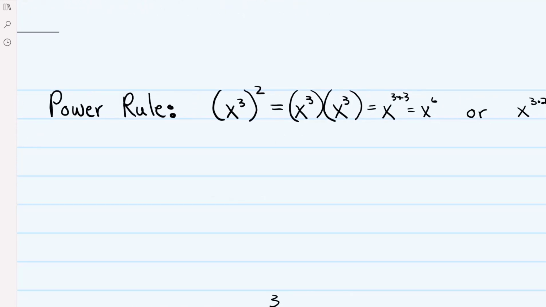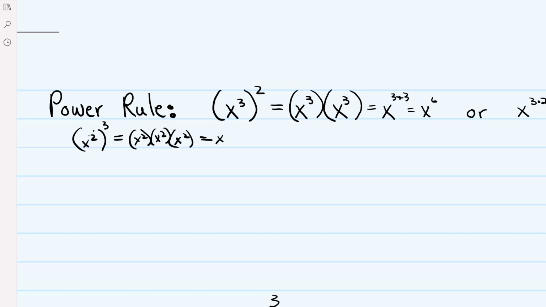Then the power rule: when you take a power and you raise it to a power, you multiply. That's like saying x squared, to the third. Another way to write that is x squared times x squared times x squared.